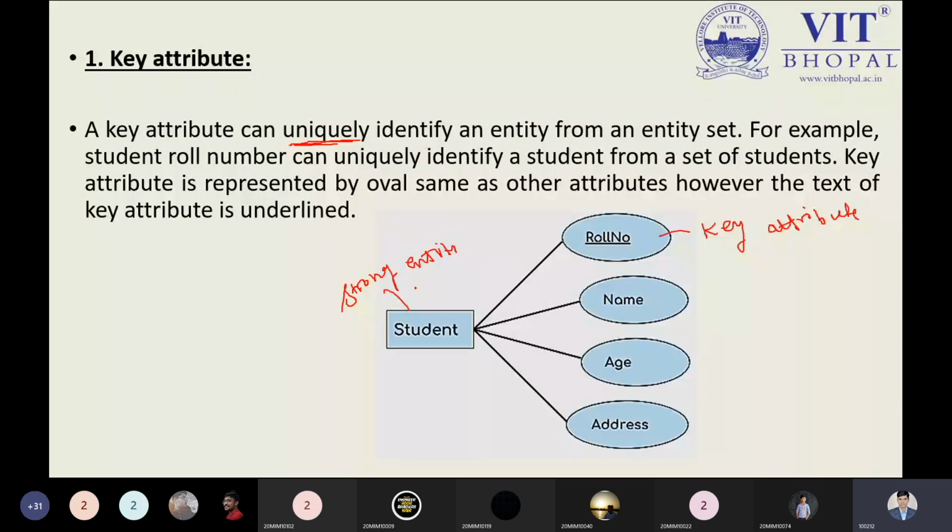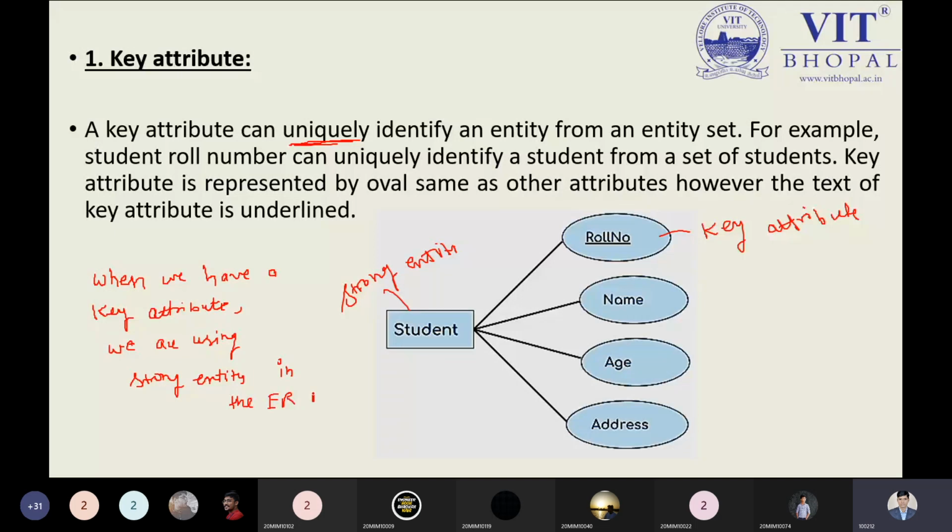So I can write here in a simple way: when we have a key attribute, then we are using a strong entity in the ER model.